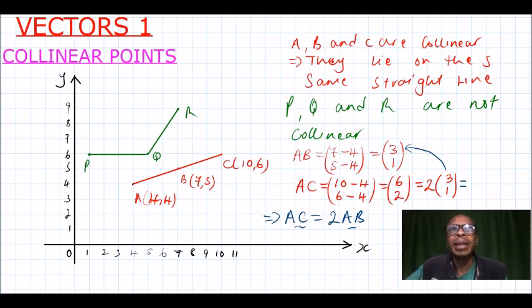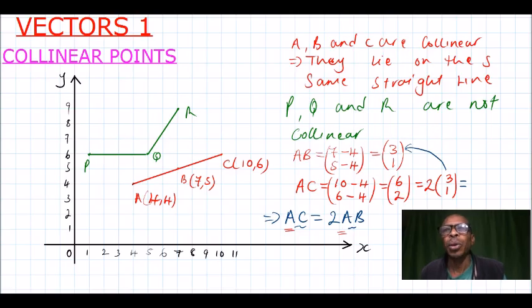The common point here is A. A is common, and you have expressed AC in terms of AB. That is, AC is twice the length of AB.